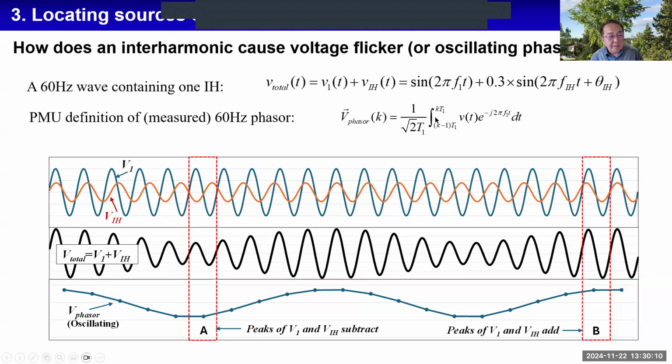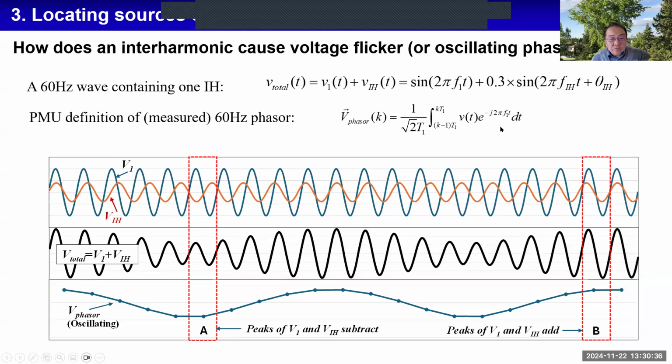This is the fundamental frequency wave, and this is the interharmonic wave. By its nature, the peaks of the interharmonic are not synchronized with the peaks of the 60 Hertz wave. When you add these two together, in this case the peaks cancel each other out, and in this case the peaks add together.